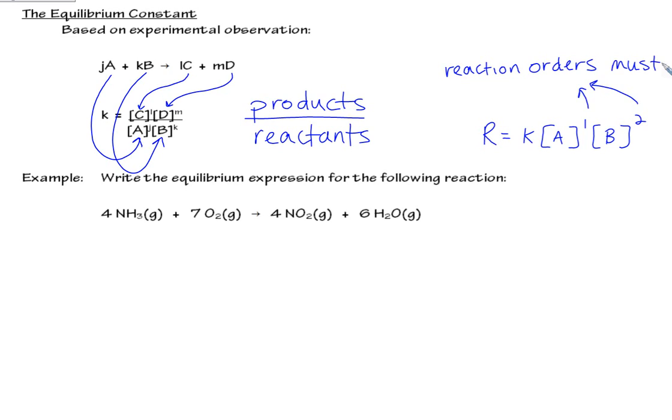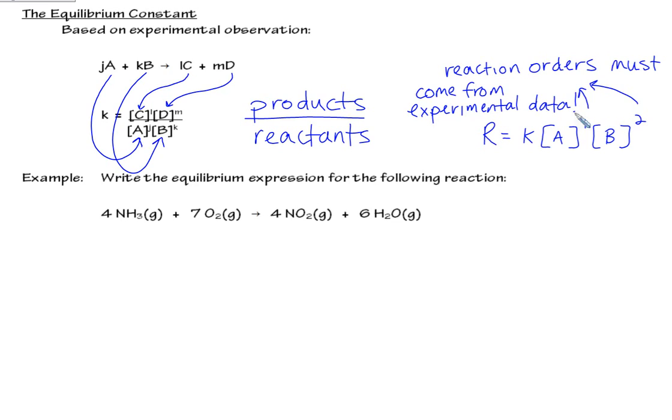They must come from experimental data. They do not come from the balanced equation. Not in kinetics. In kinetics, those orders have to come from looking at experimental data. If I change the concentration of A, how does that affect the rate?